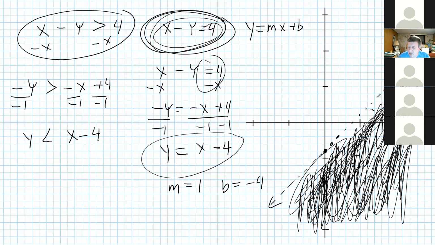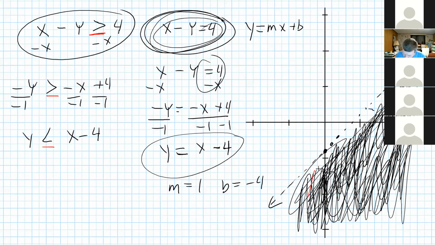I'm going to make a subtle change to this problem. In fact, let's change colors just to highlight what I'm going to do. I'm going to change it to where it's x minus y is greater than or equal to 4. So this would put an equal to, and this would put an equal to. So now, in this case, you do own the fence.